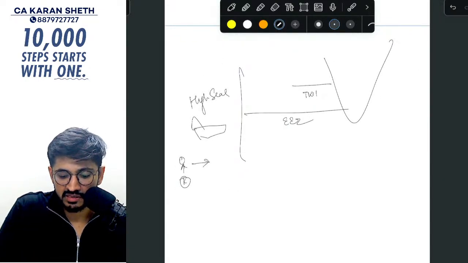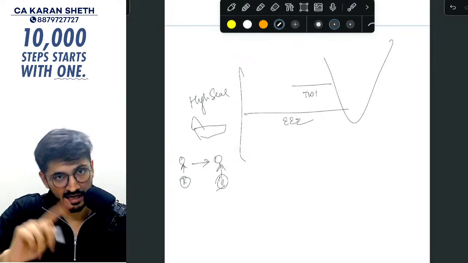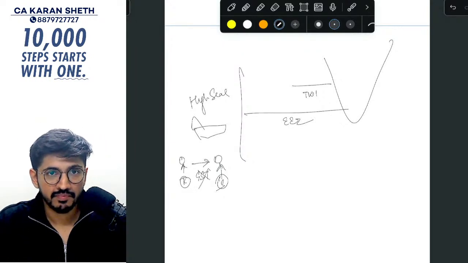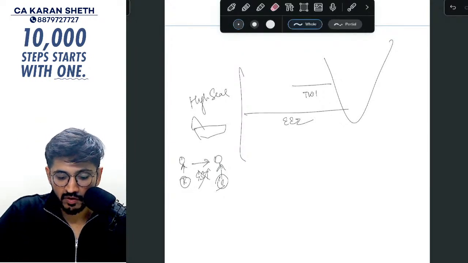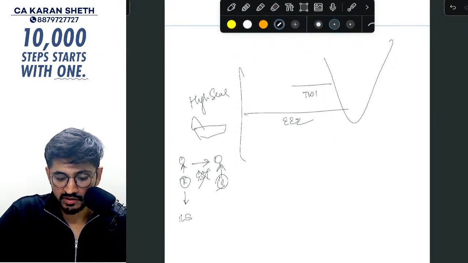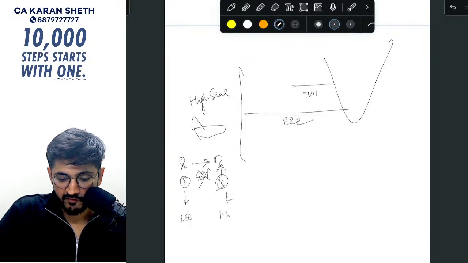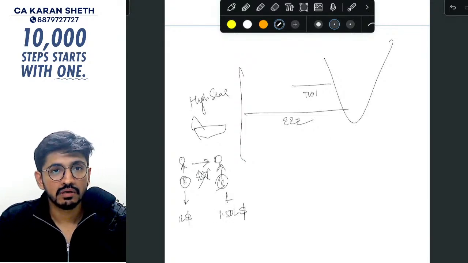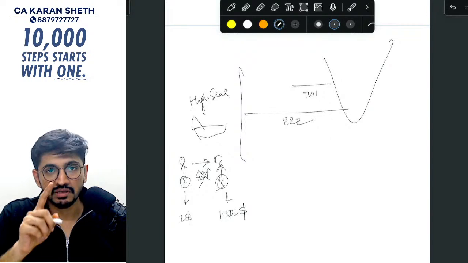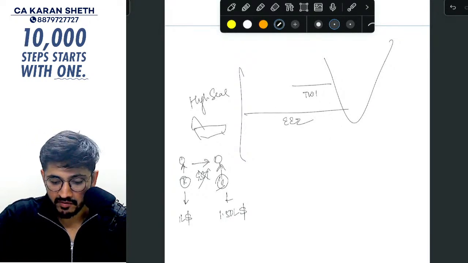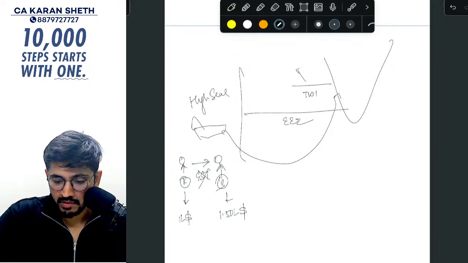Now Karan sells it to Smith in high seas. Now this is clearly not subject to GST. Perfect. Okay, how much had I ordered for? I had ordered goods for $1 lakh. How much I sold it to Smith? $1,50,000.